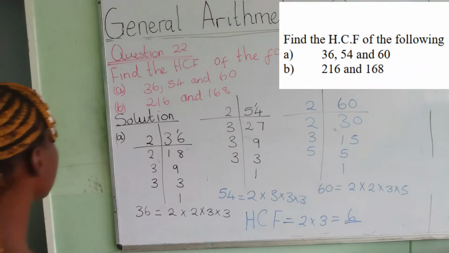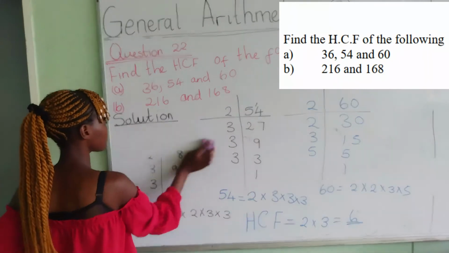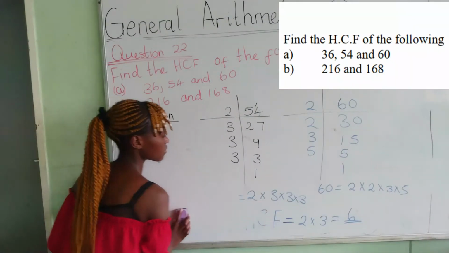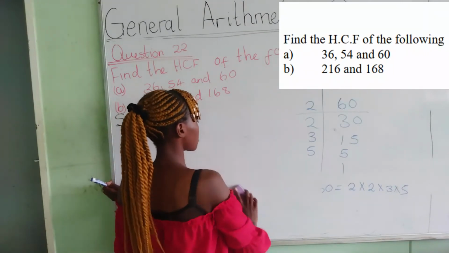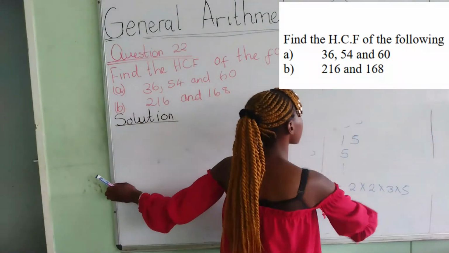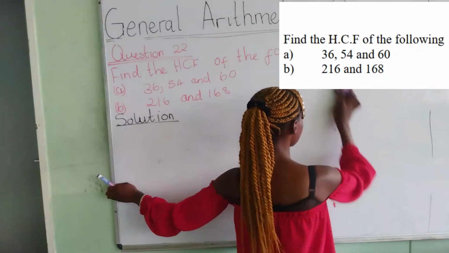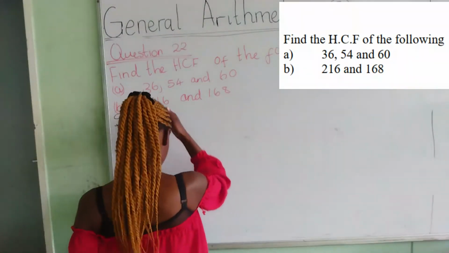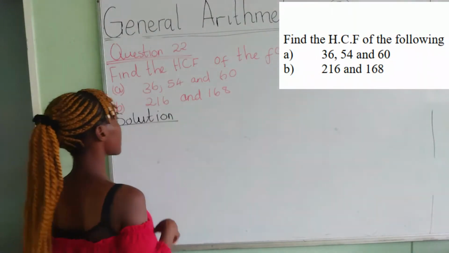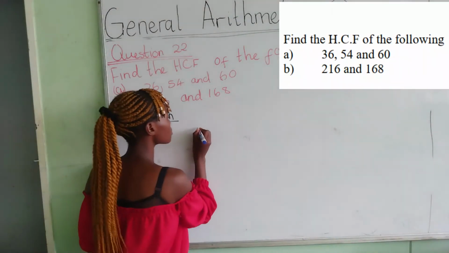Now for our part B, as you can see, it's very simple. You just have to see and do other examples so that you won't be lost. Okay, so we have 216 and 168. We're going to say 216.